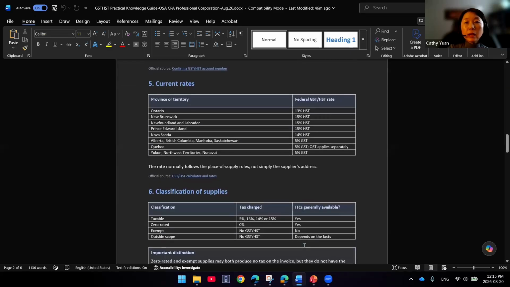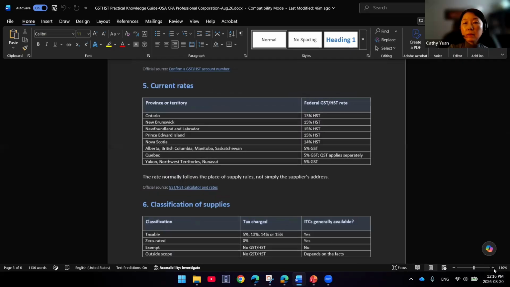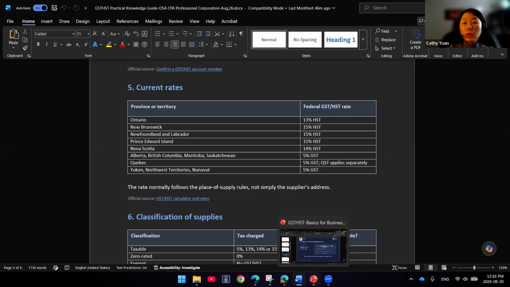Can you see the current rate? Ontario is 13, Nova Scotia maybe 15, so it's different. So just check before issuing the invoice.